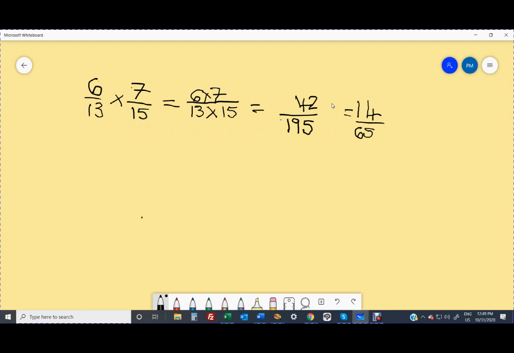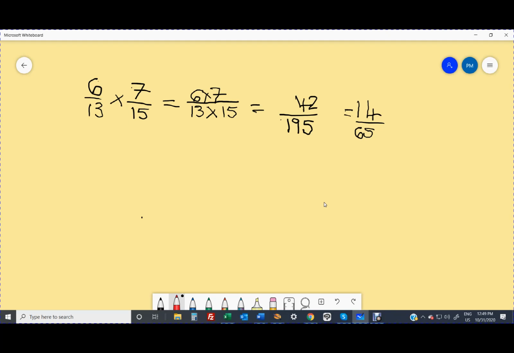We then divided the top by 3 and the bottom by 3. 3 into 42 will go 14. And at the bottom, 3 into 195 will go 65. So there we go, 14 over 65 is the correct answer and the final answer. Nothing too difficult there. Okay, let us look at doing the next equation.